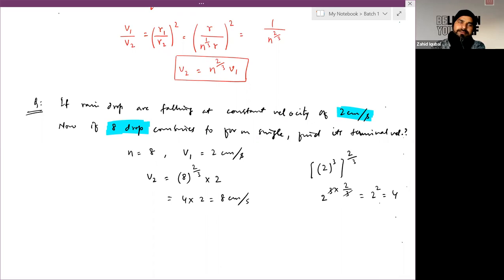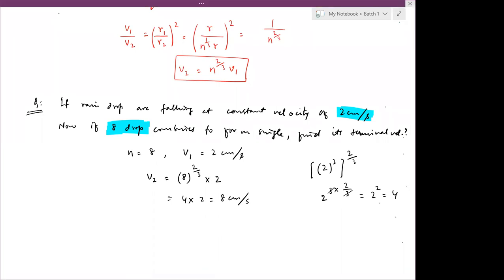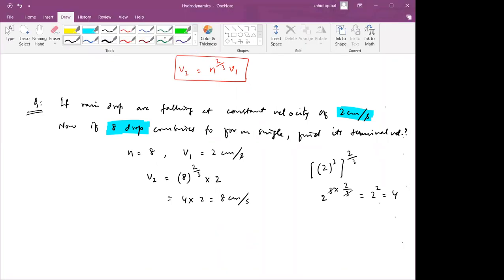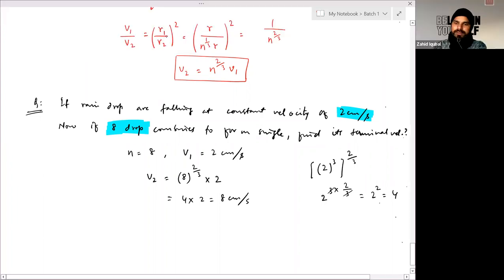Hamza, is it clear? Yes, sir. Khalid, any doubt?